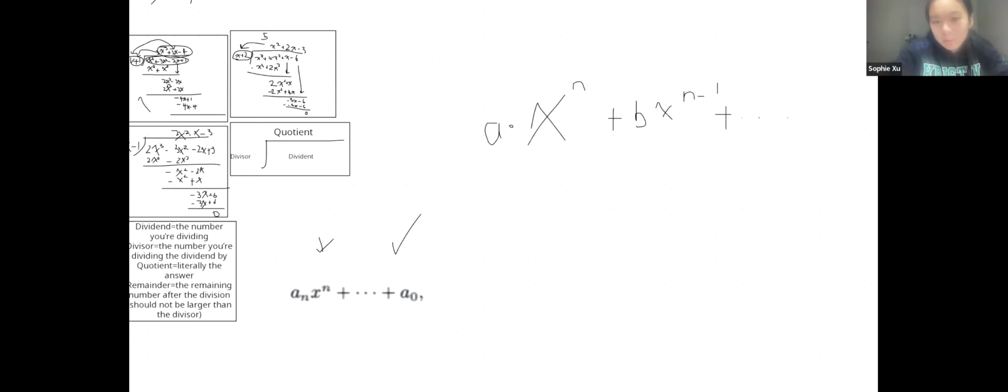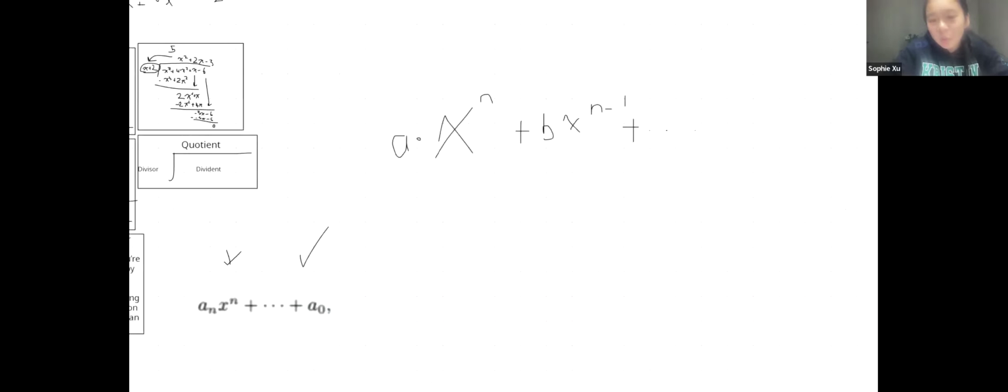We all know that a polynomial is something times x to the power of n. Let's just say this is a times x to the power of n plus b times x to the power of n minus 1, all the way to the constant term, c.